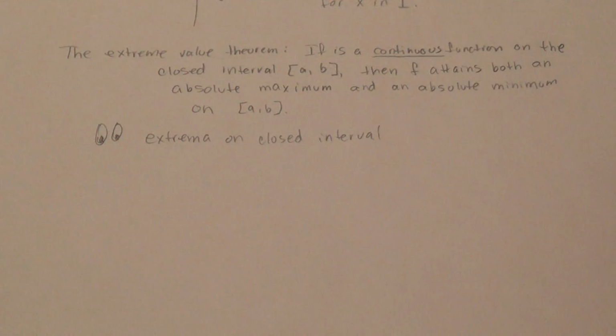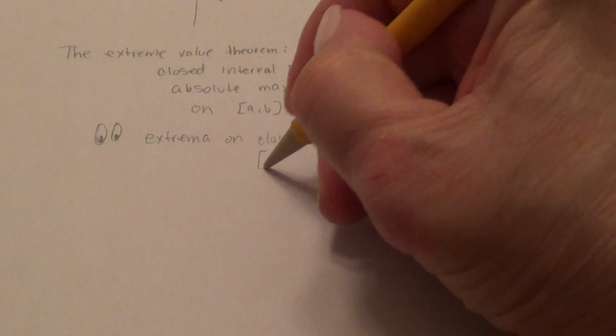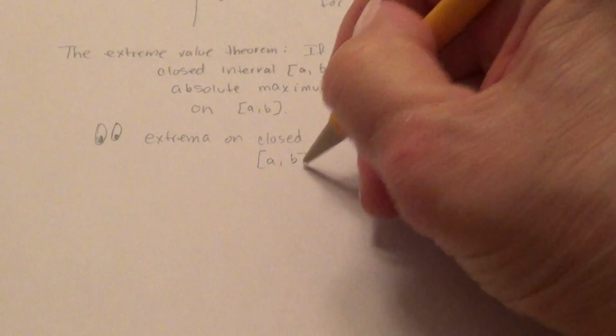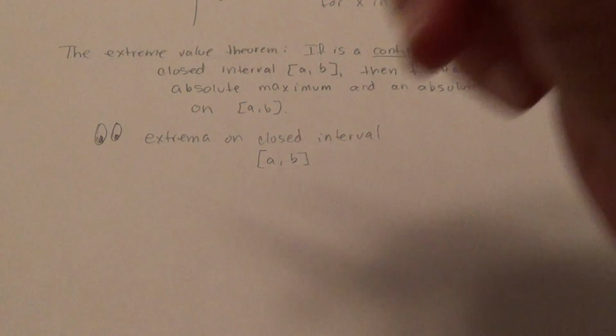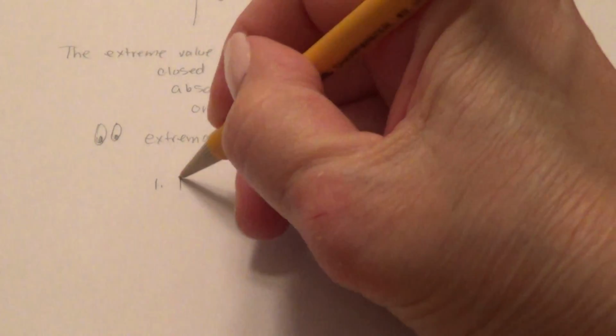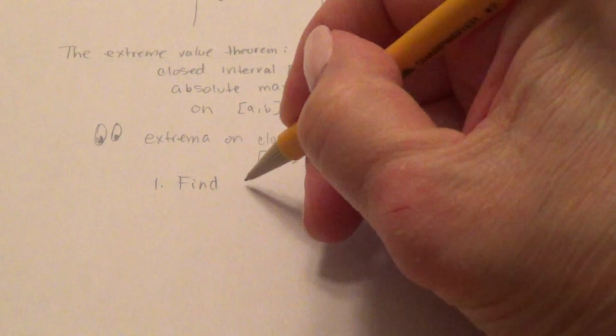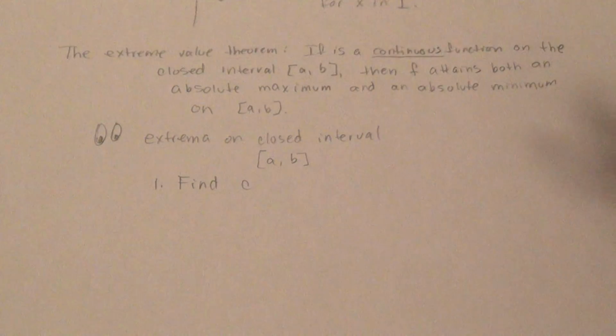So there are 4 places we could look. And again, we're on a closed interval, so it's going to be a on one side, b on the other, and then everything in between. So we can look at critical numbers. Some more about that in a second.